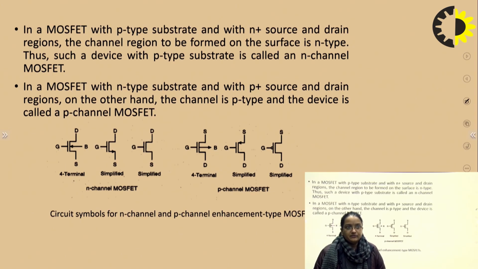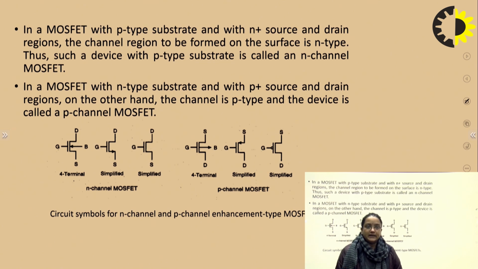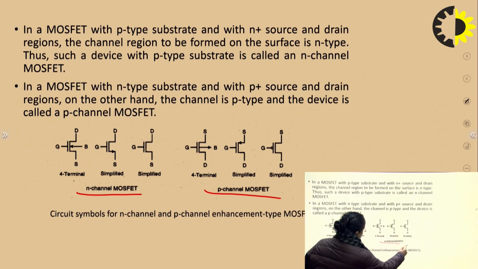In a MOSFET with N-type substrate and with P plus source and drain regions, on the other hand, the channel is of P-type and the device is called P-channel MOSFET. So this is the basic symbol and circuit diagrams of N-channel and P-channel MOSFET.